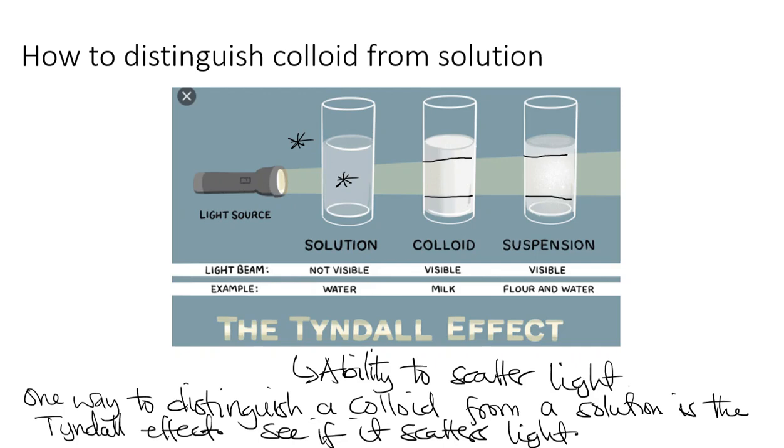If the light is not scattered, then it's a solution. So that is very important. You can see here, light beam in solution is not visible. Here it is visible. Here it is also visible.